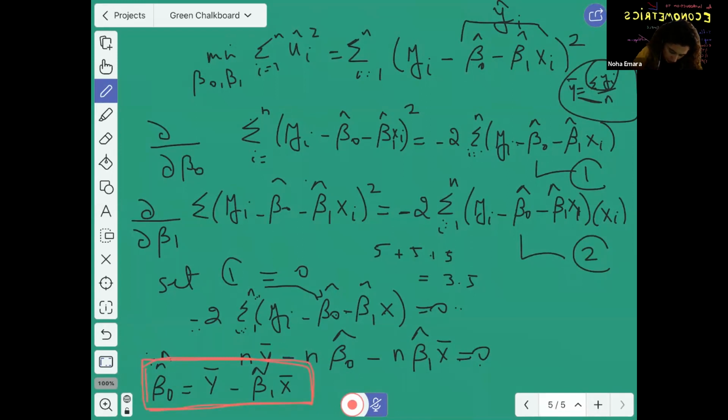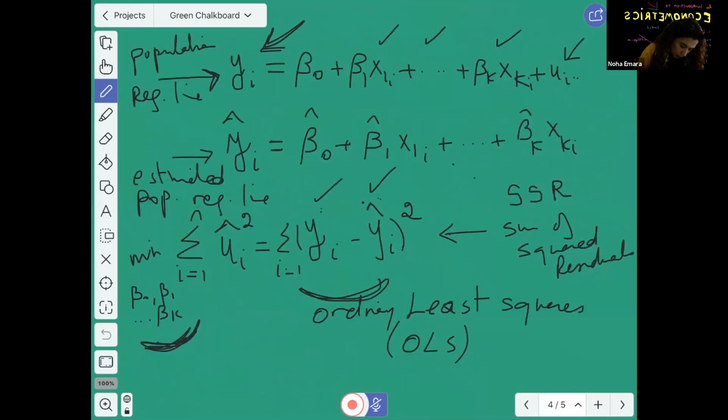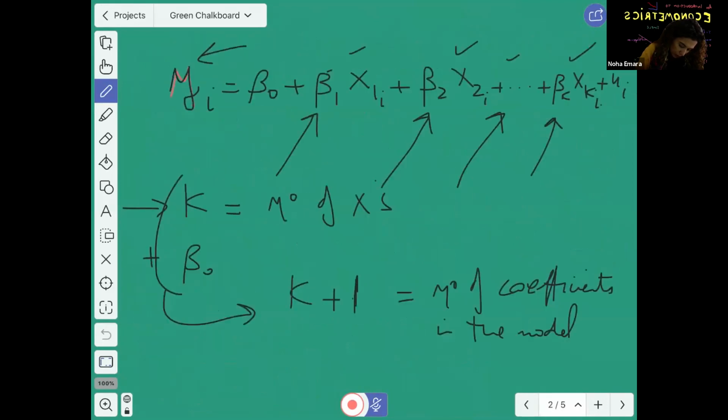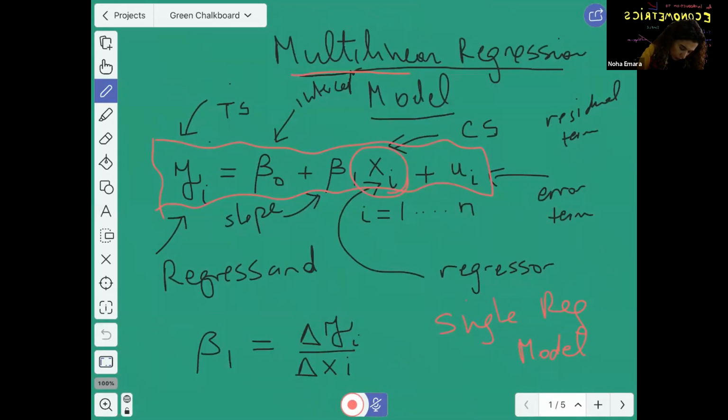compute the intercept, let me go back and show you what we want to find in this simple regression model. So we're trying to get this one. We are able now to get an equation for this beta naught by saying that beta naught is equal to the average of yi minus beta 1 times the average x bar.